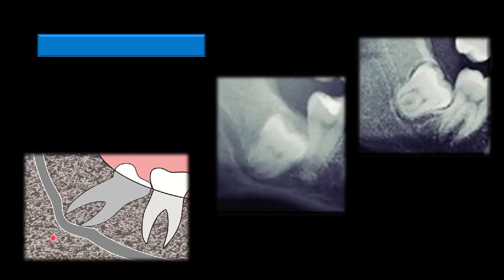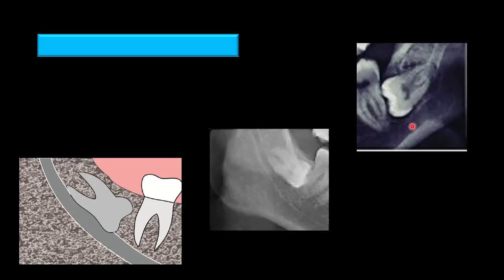Diversion or deflection of the canal, where the canal changes its direction and gets away from the root of the third molar. And interruption of the cortical border of the canal, loss of the canal roof, so you don't see the continuity of the upper radiopaque line of the canal in the place where it reaches the tooth.